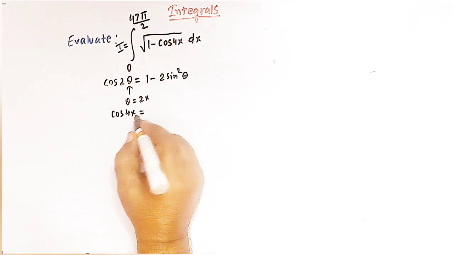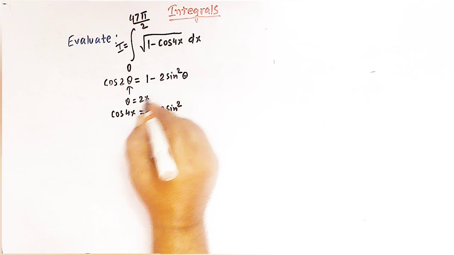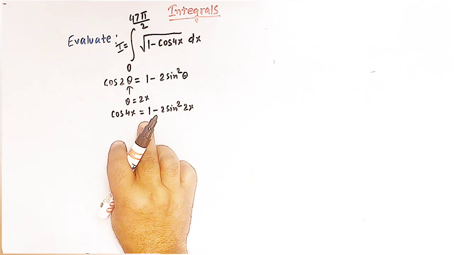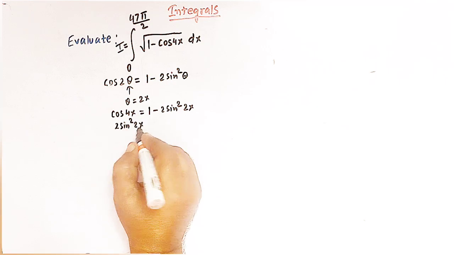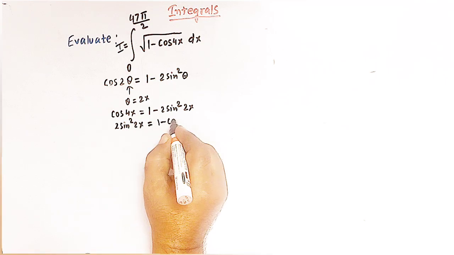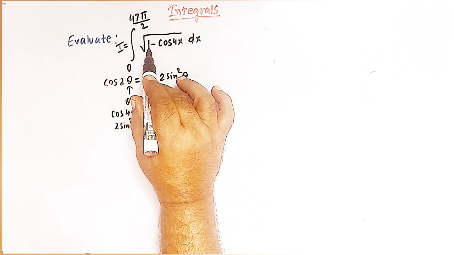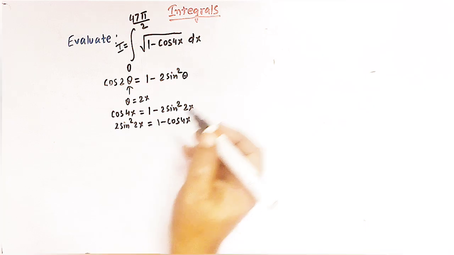So cosine 4x is 1 minus 2 sine square 2x, theta is 2x, right? So now rearranging the terms, we can write 2 sine square 2x is equal to 1 minus cosine 4x. So we can now replace 1 minus cosine 4x by 2 sine square 2x, right?